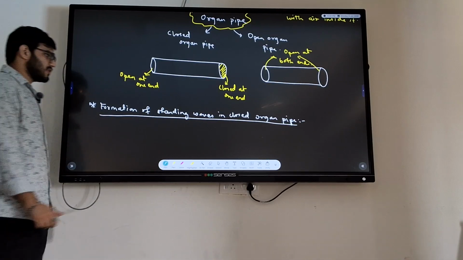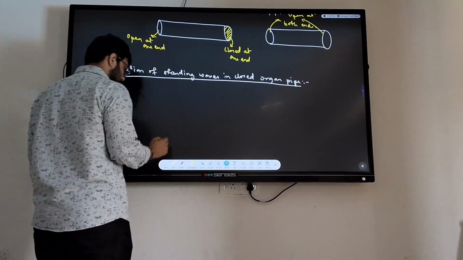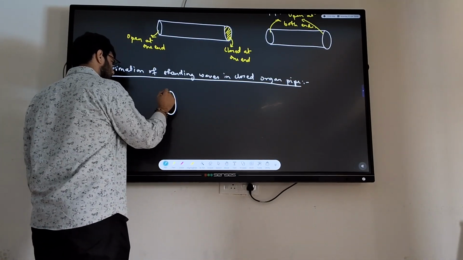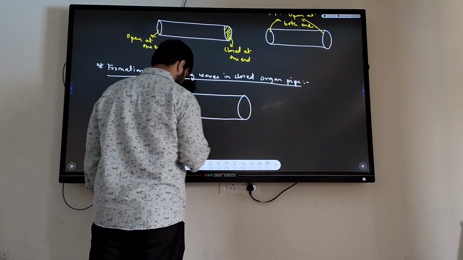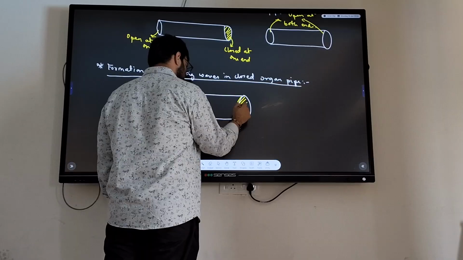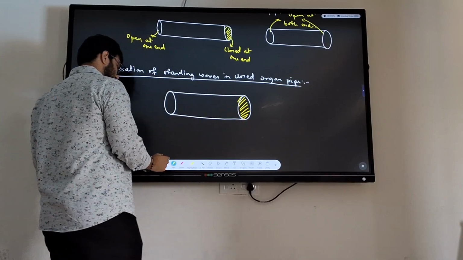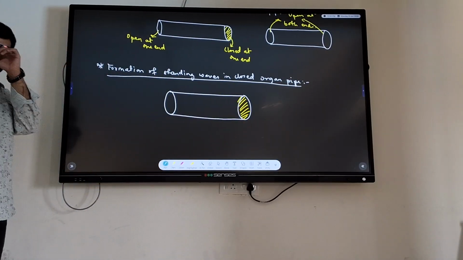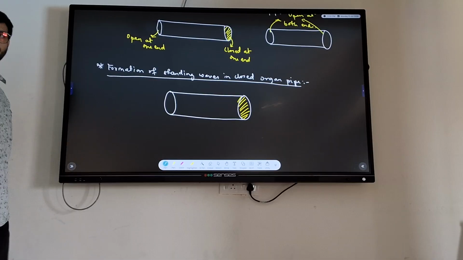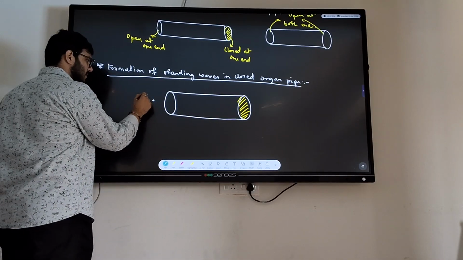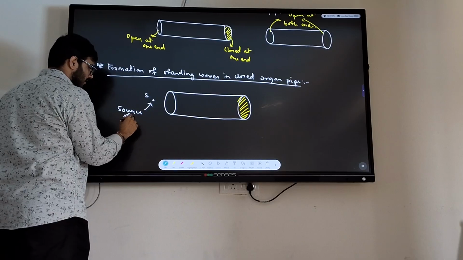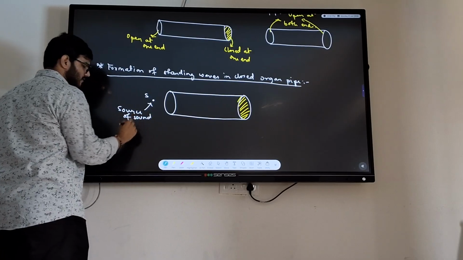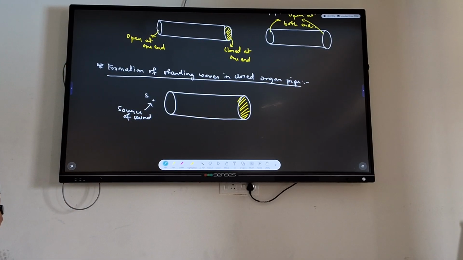So let's say I have a closed organ pipe like this, something like this. And I put a source of sound in front of this open end. Okay? I put a source of sound S, from which comes out sound waves.